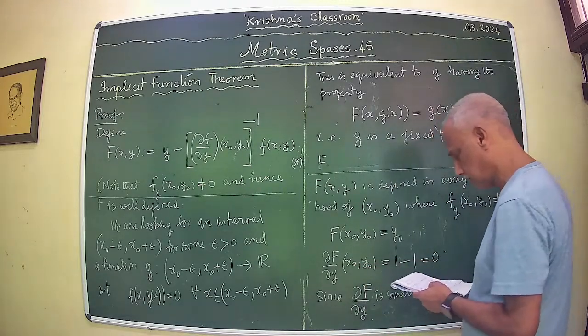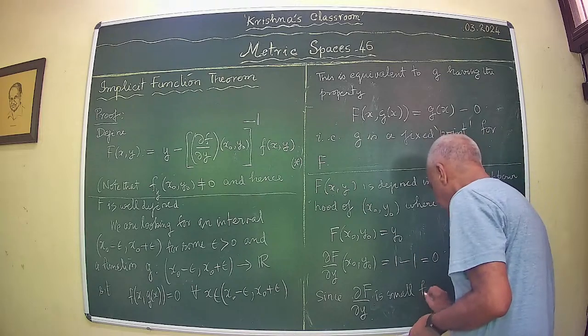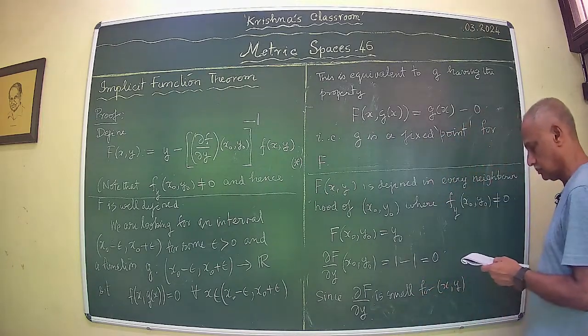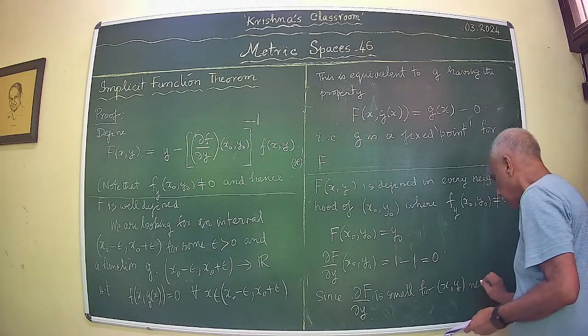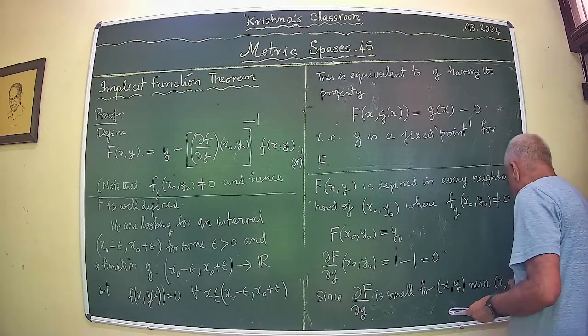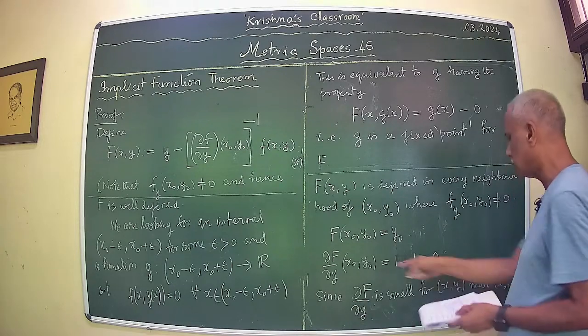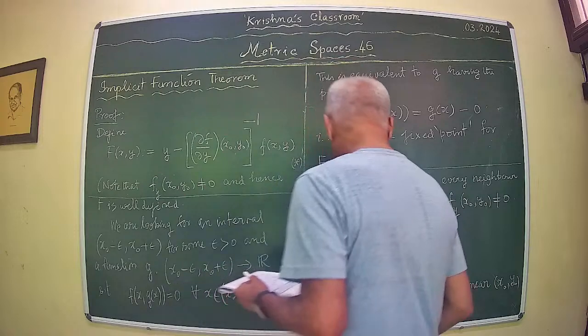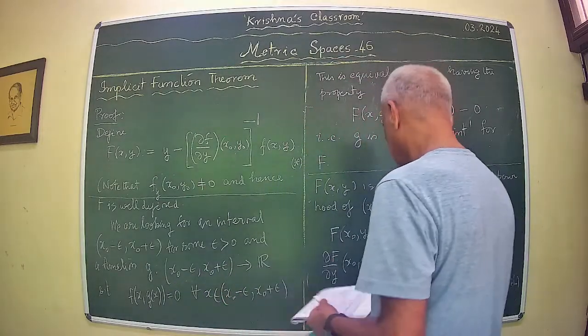Small for x, y near x naught y naught, because it's a smooth function that you are having, and at x naught y naught it is equal to 0. This is the point.